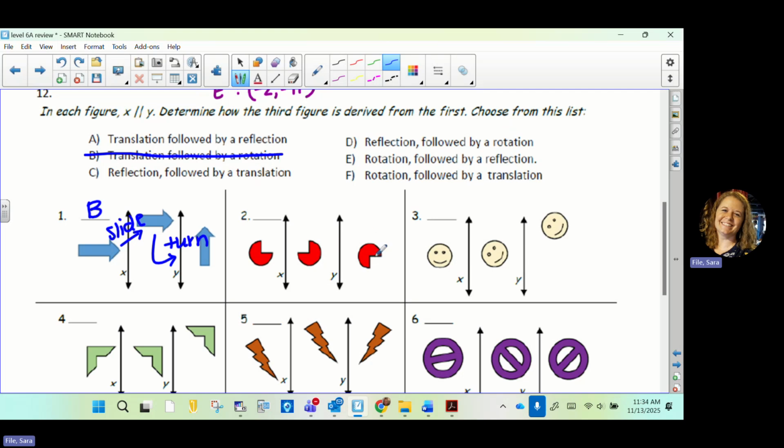Was it turned? To get that cutout from being in the top left to being in the bottom right, you can't just slide it over. You had to turn that. So this was a reflect, or a flip. Remember, reflect and flip mean the same thing. So this was reflect and then rotate, or flip, then turn. That was D.